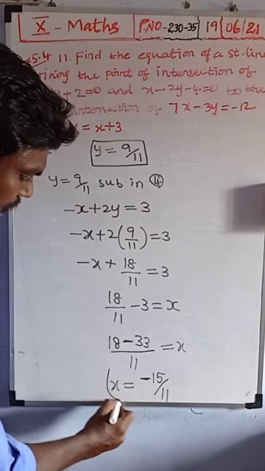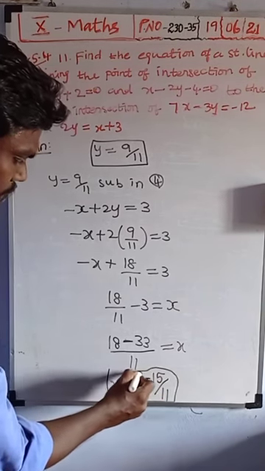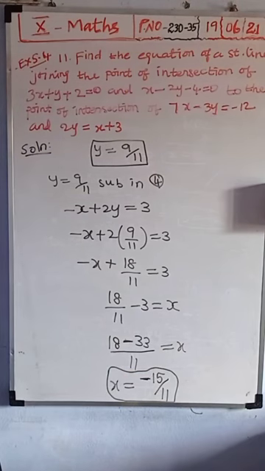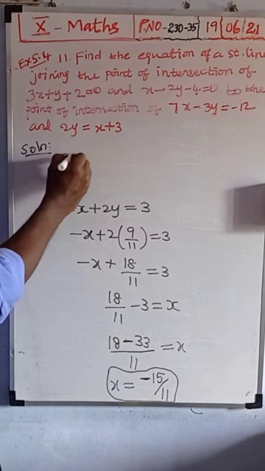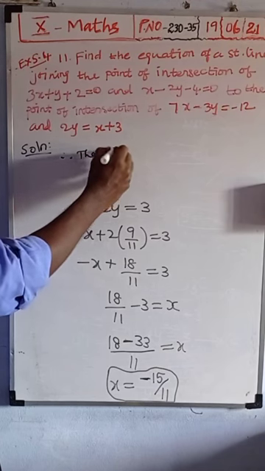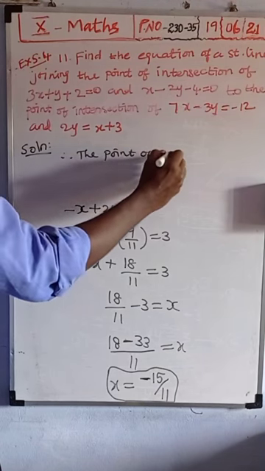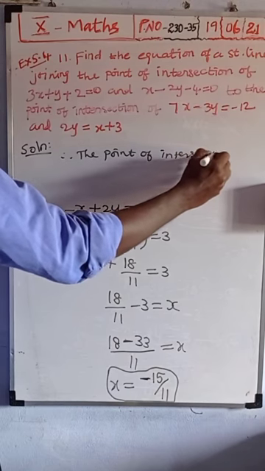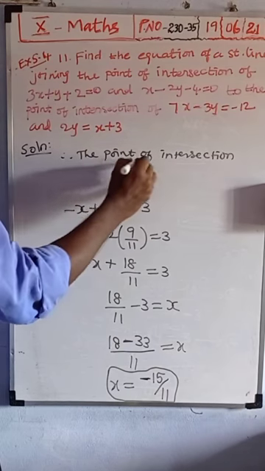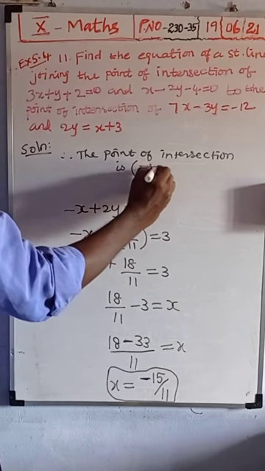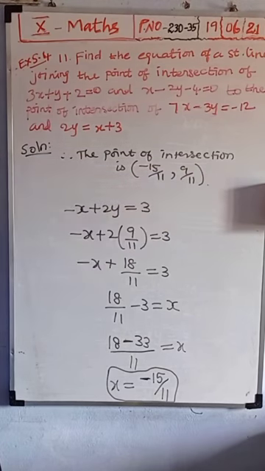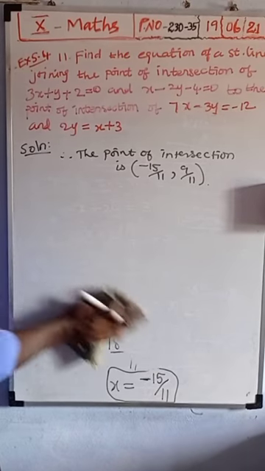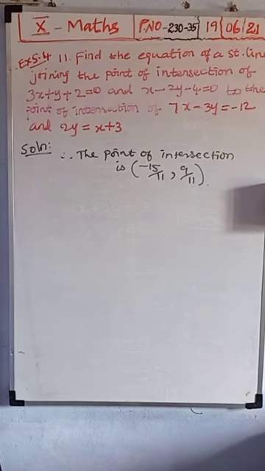Okay, so x you received as a negative, y you received as a positive. Therefore the point of intersection is minus 15 by 11 comma 9 by 11. Okay, therefore here 2 points of intersection we received.